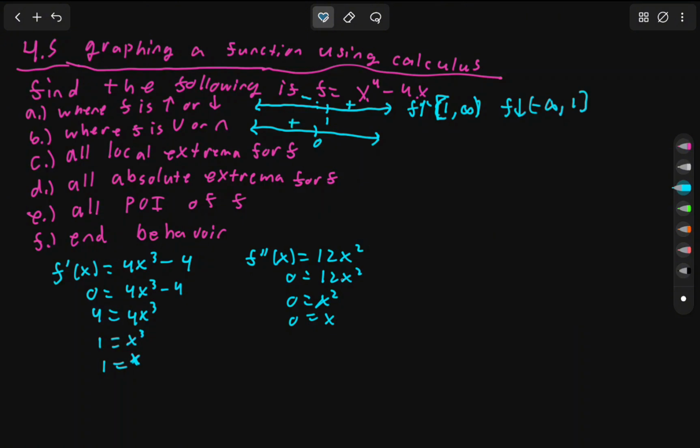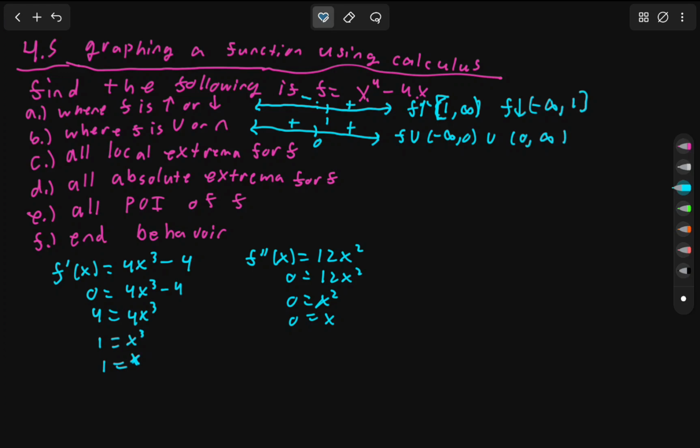And to the right, it's also going to be positive. So what we're going to get is f is concave up for negative infinity to 0, or 0 to infinity. And you may notice I did not include the endpoint there. That's just because it's concavity. We don't include endpoints in concavity.